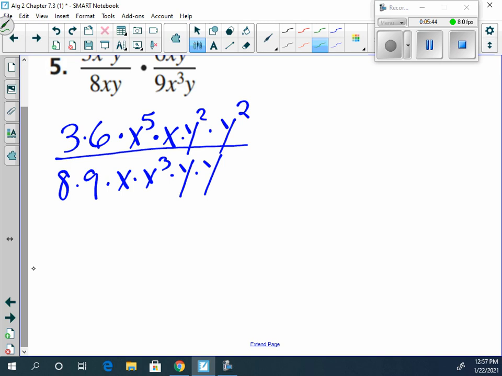Is there anything we can simplify between the top and bottom? The 6 and 9, yes? So what's in common with 6 and 9? 3. So I can factor 3 out of both. If I factor 3 out of 6, I'm left with what? 2. And I factor 3 out of 9, I'm left with 3.